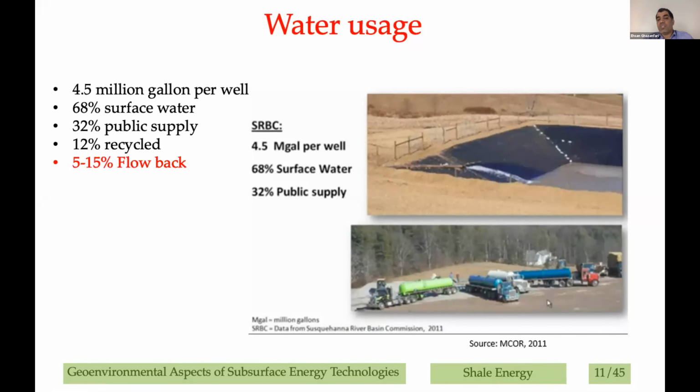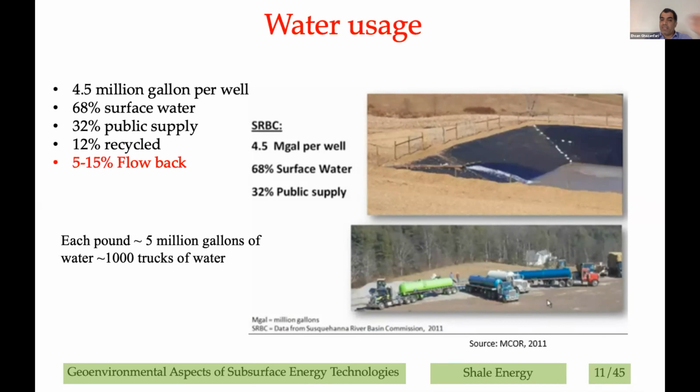Now, once injected into a well in Marcellus, between 5 to 15% of that injected water will come back at the surface, which is called the flowback. So you can imagine that the flowback water contains a significant amount of minerals, and in Marcellus in particular, NORM and TENORM. So there are many concerns on how to deal with the flowback water.